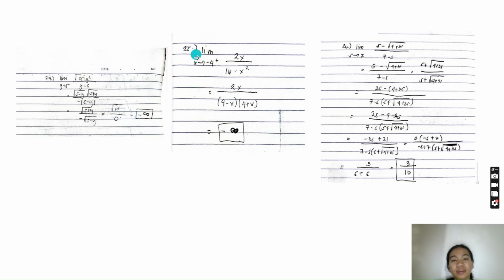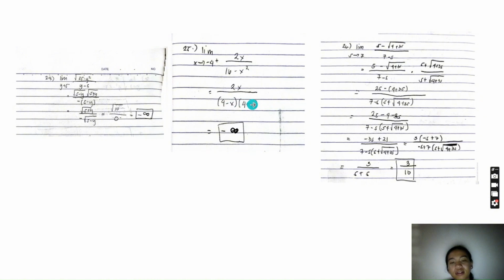Next is number 25. The limit of 2x all over 16 minus x squared as x approaches negative 4 from the right. So since 4 minus x and 4 plus x can be factored, then we can now substitute negative 4 in each quantity.